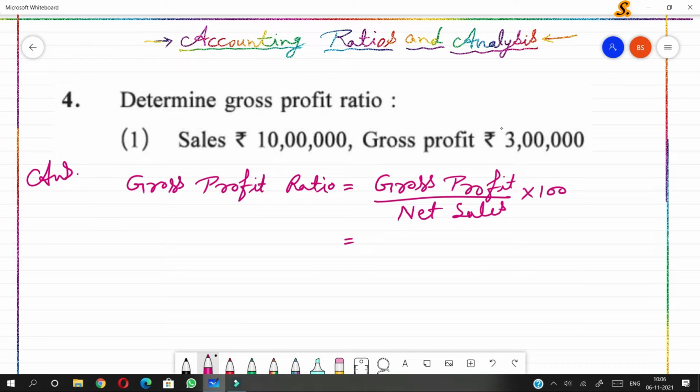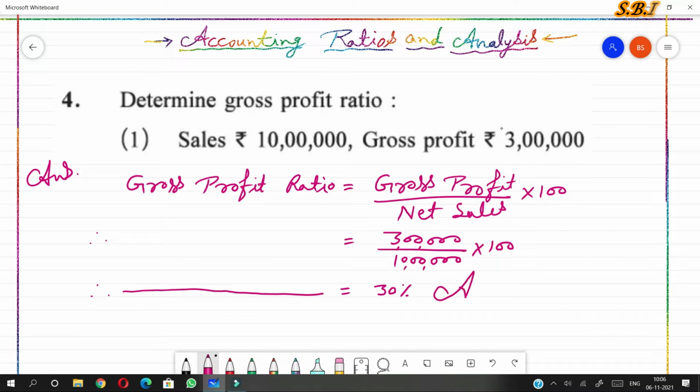Gross profit is given as 3 lakh, net sales is given as 10 lakh. Multiply by 100. Then we will get 3 lakh multiplied by 100 divided by 10 lakh, and we will get 30%. This will be our answer for gross profit ratio, 30%.